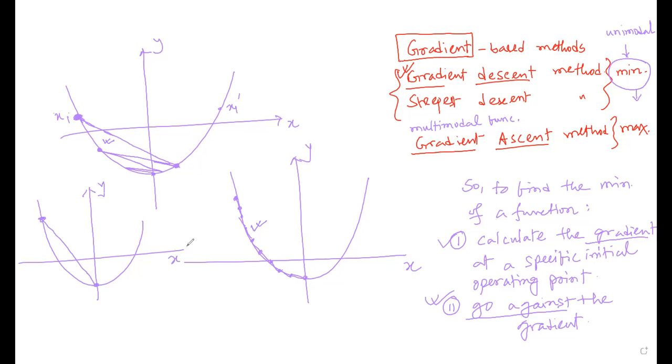So this specific parameter that will define my amount of jump from one point to the next for finding the minimum or the maximum, whatever, is known as the learning rate.